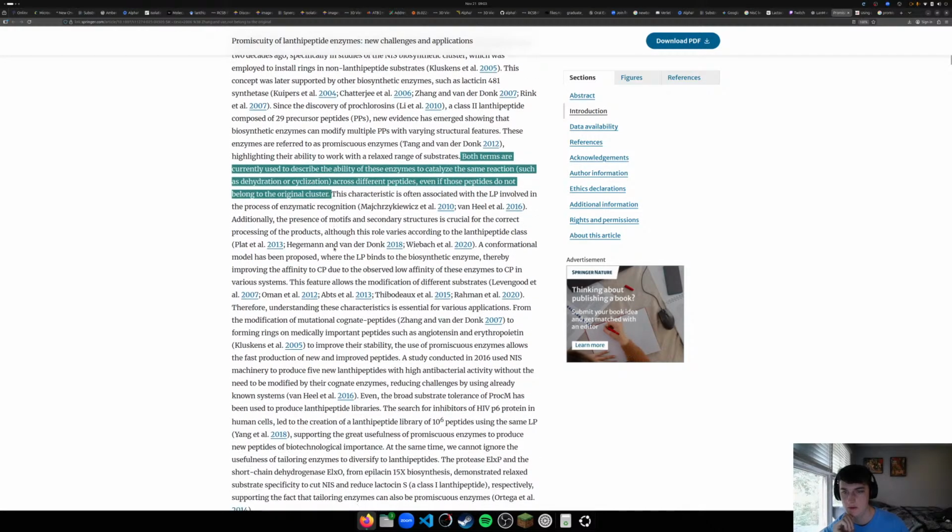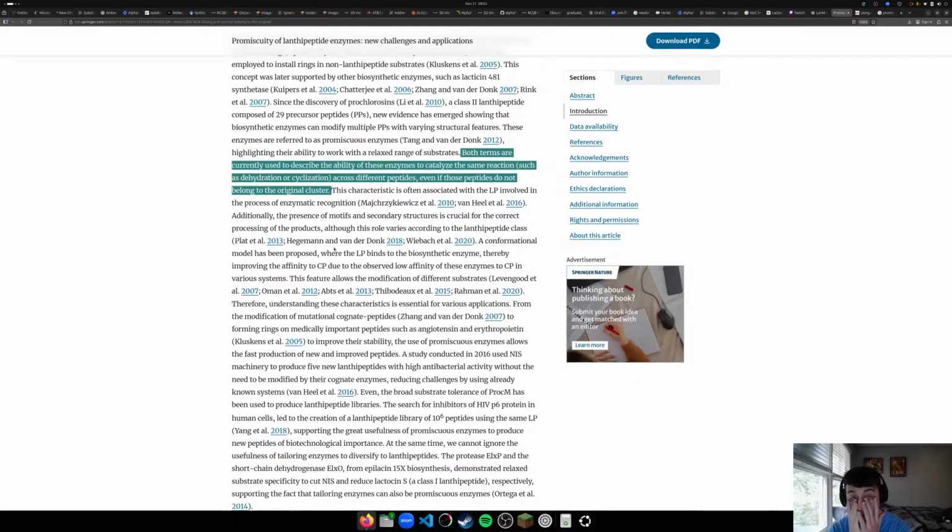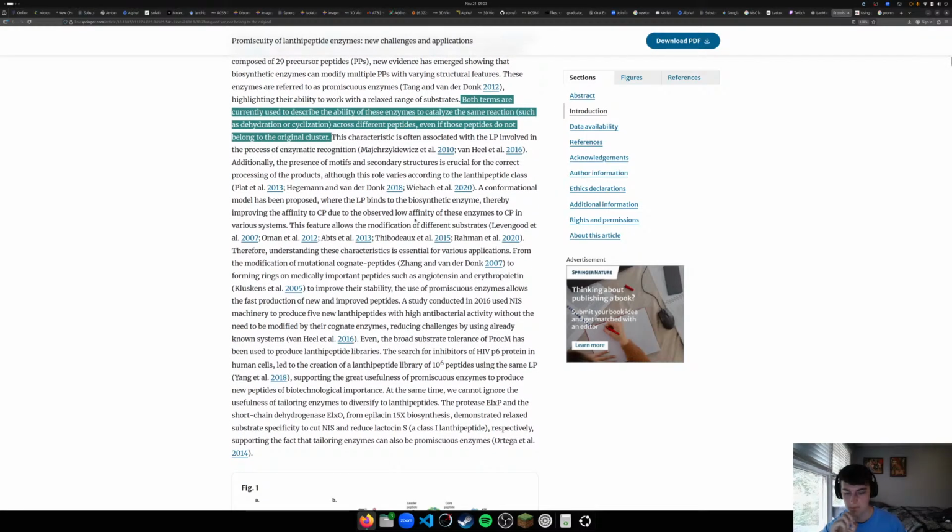Both terms are currently used to describe the ability of these enzymes to modify peptides, even if those peptides do not belong to the original cluster. This characteristic is often associated with the leader peptide involved in the process of enzymatic recognition. Additionally, the presence of motifs and secondary structures are crucial for the correct processing of the products.